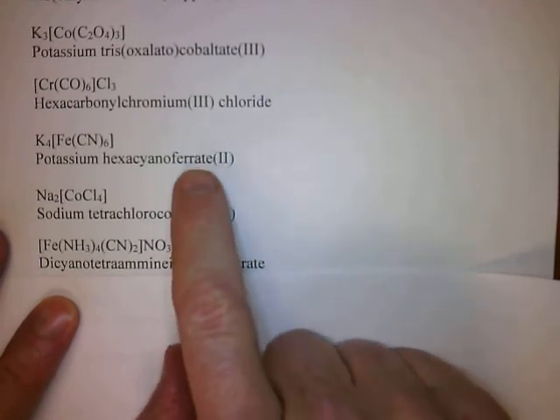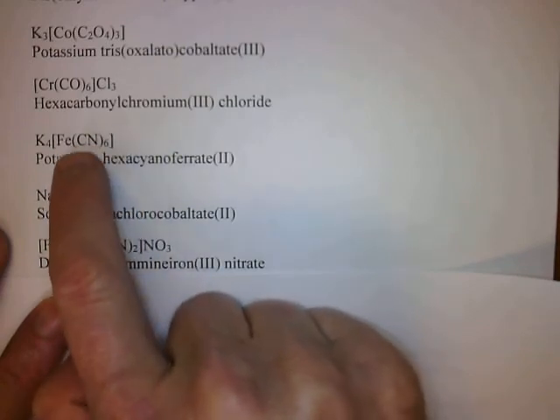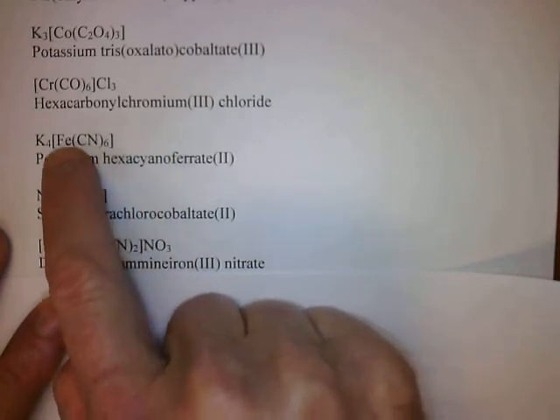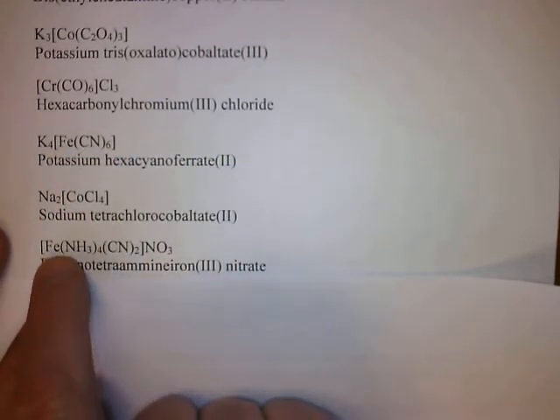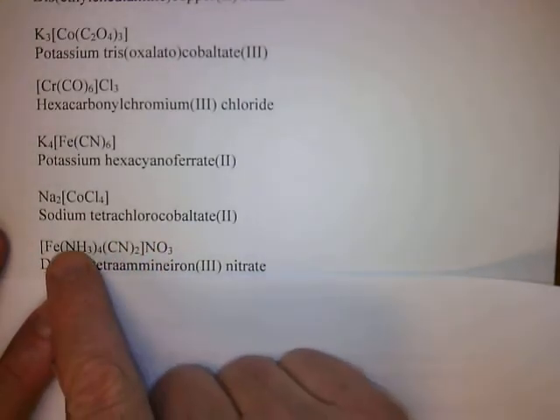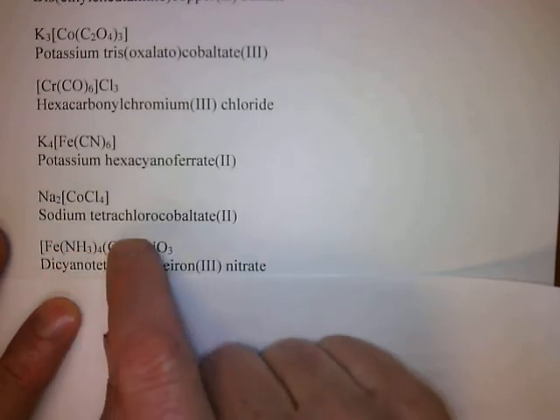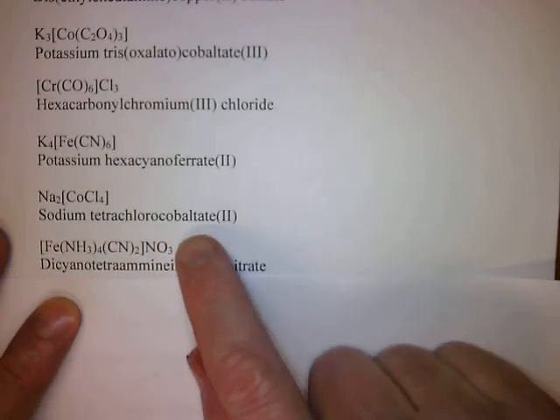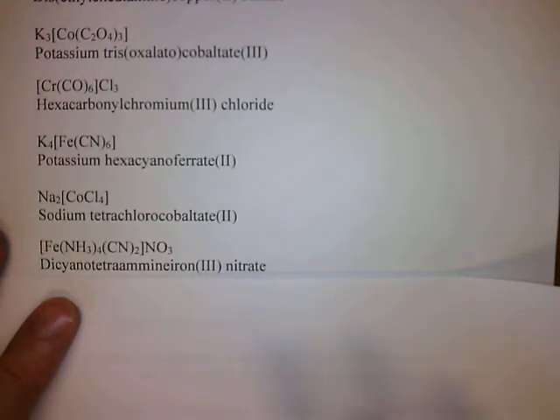We said ferrate up here because the complex ion was the negative part of the molecule, so iron becomes ferrate. Here the complex ion is the positive part of the molecule. Iron 3 -2 still makes this carry a +1 charge. That's why we have an anion to balance the charge.